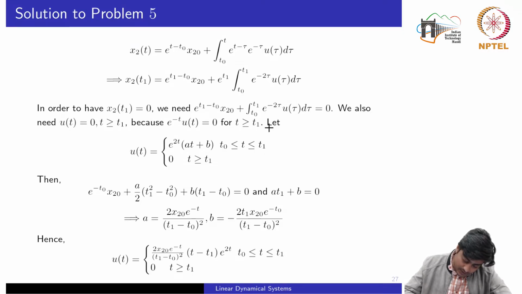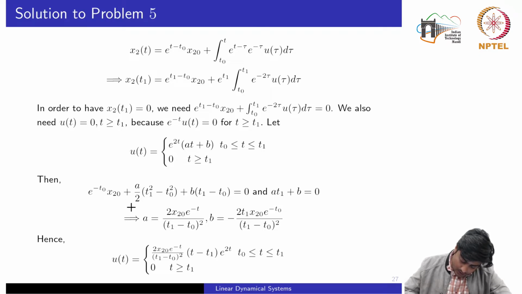Okay, so let's see. First of all, we define some input which is given by e to the power 2t into (at plus b) for all time between t0 and t1. With this input, first of all, we need to show that x2 at t1 is equal to 0, and afterwards x2 should be equal to 0.